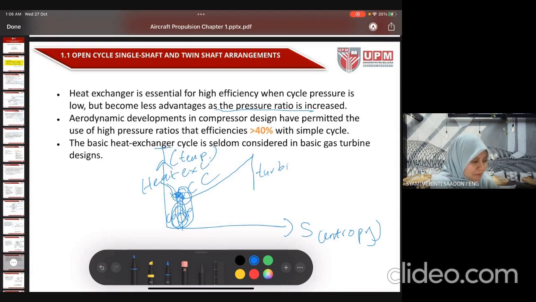This is seldom considered in basic engineering.